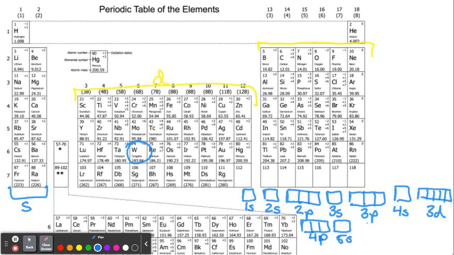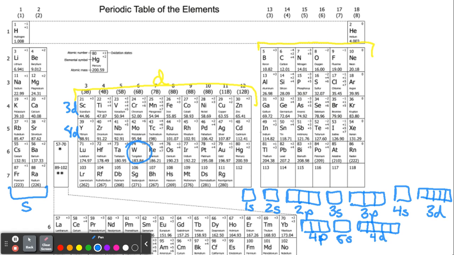We have 5s, followed by, so here's 5s, this would be 4d. This was my 3d. This is my 4d. Again, 10 elements, so 10 elements means we have 5 orbitals.